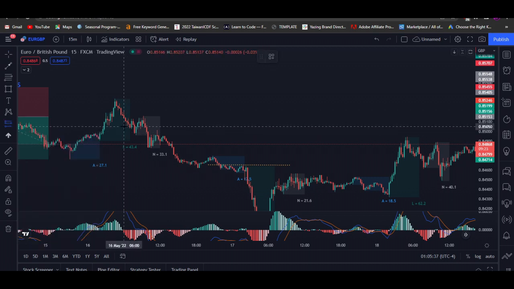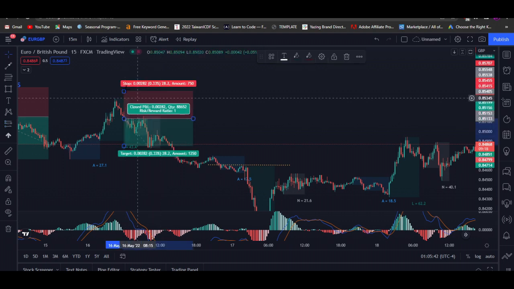So look at our entry right around here on the MACD. 30 pip stop loss.